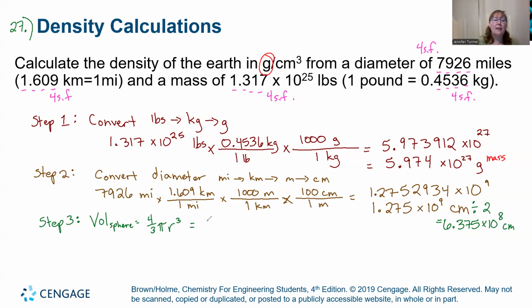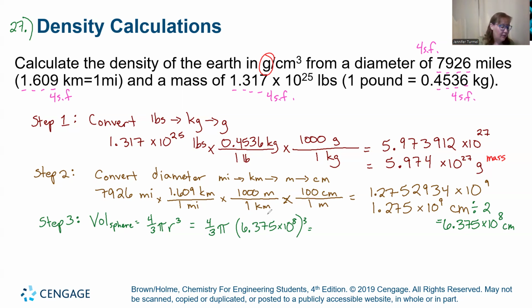So I find this, I have 4/3 times pi times 6.375 times 10 to the 8th cubed. Okay. And again, pause this and practice it on your calculator to make sure that you are getting the same value.